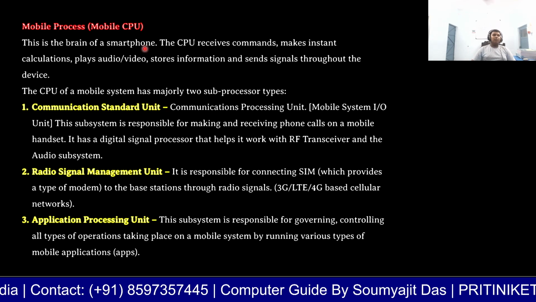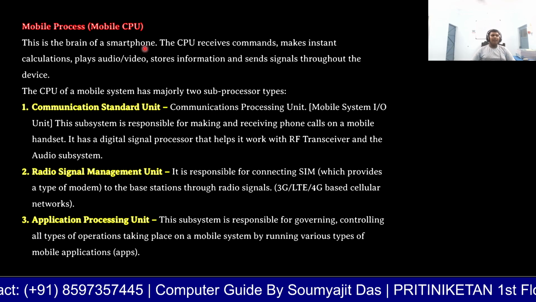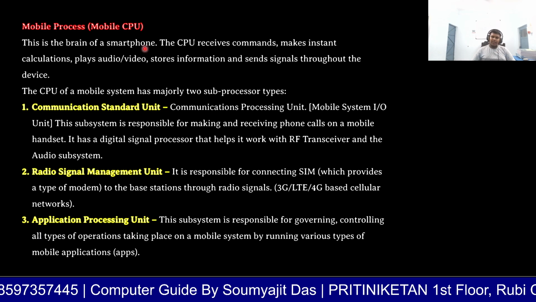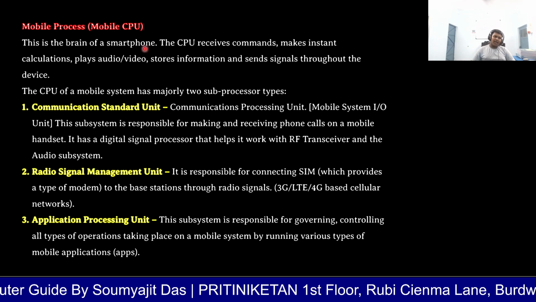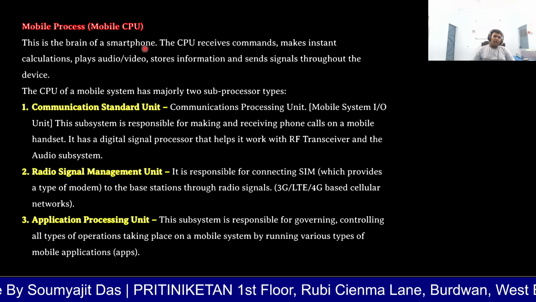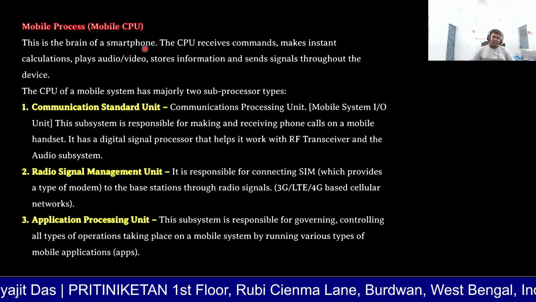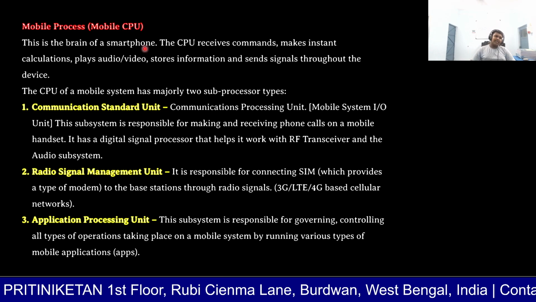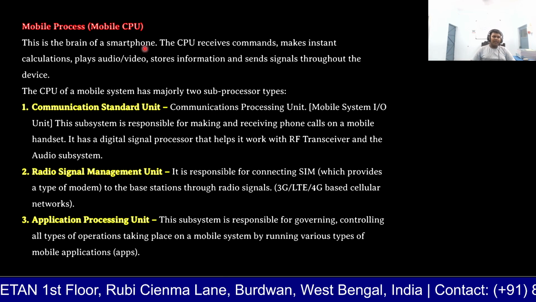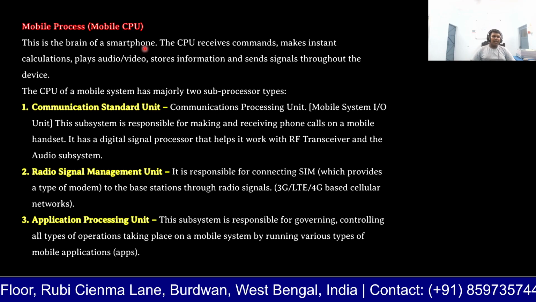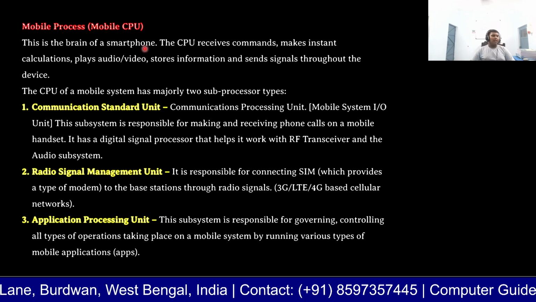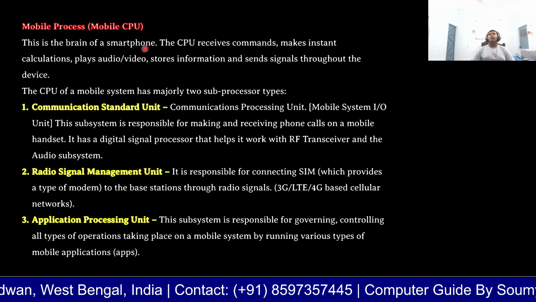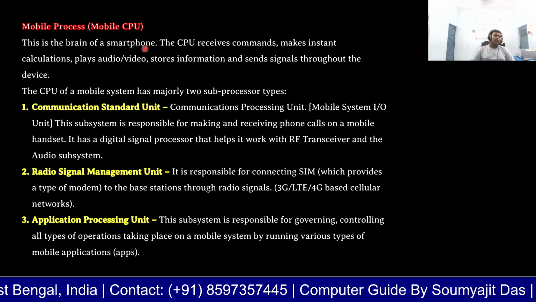First, the mobile processor, mobile CPU. This is the brain of a smartphone. As in a computer, three types of sub-processors are there: communication standard unit, radio signal management unit, and application processing unit. The communication processing unit helps to receive phone calls on a mobile handset or lets you call someone.